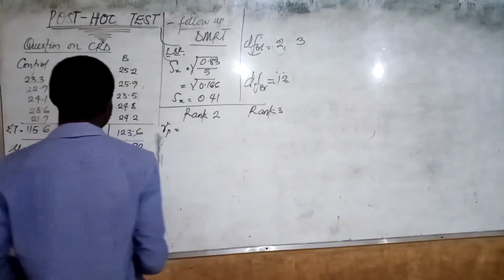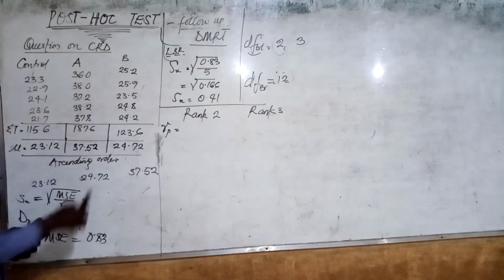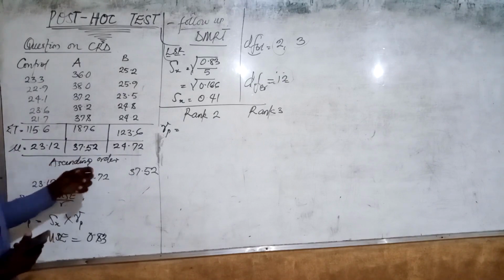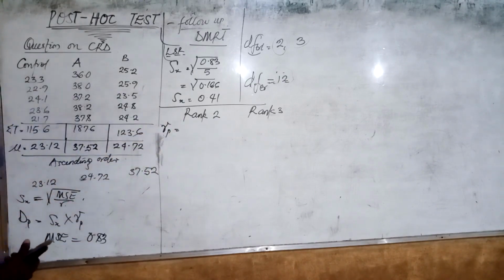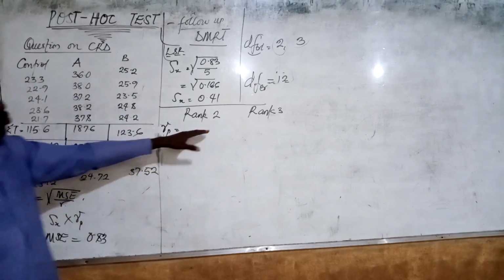Now it follows that the number of means that you have will determine how many ranks you have. For this case, we have 3 means, so we are going to have 2 ranks, rank 2 and rank 3.